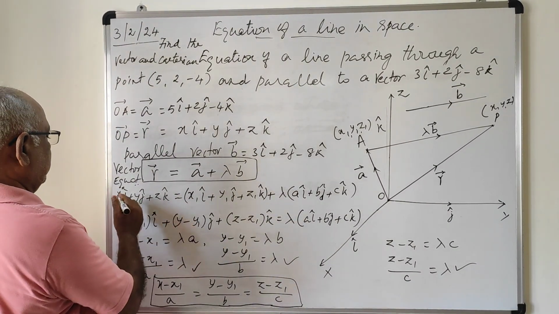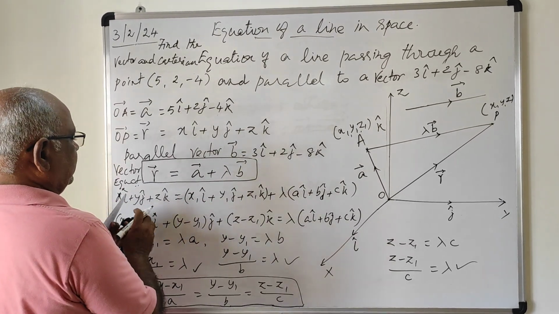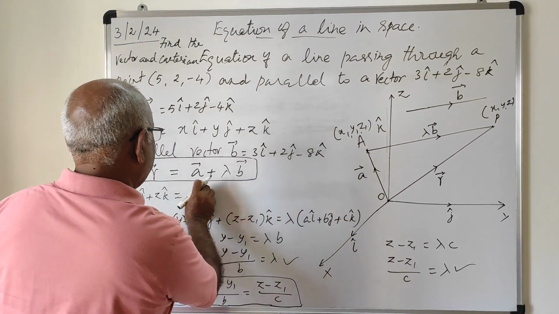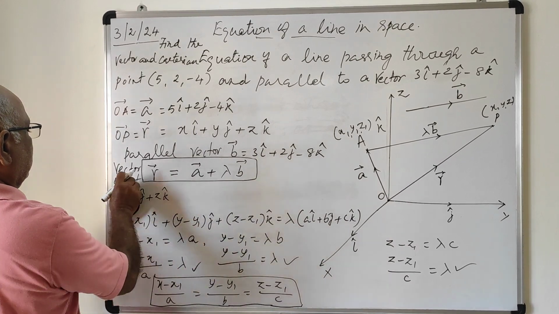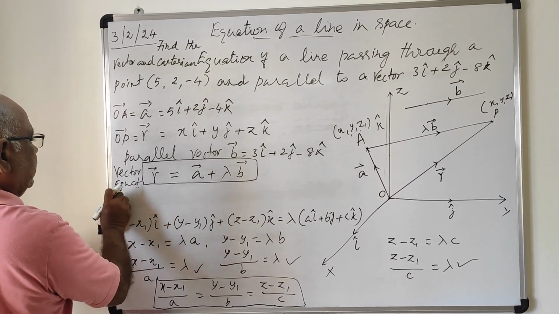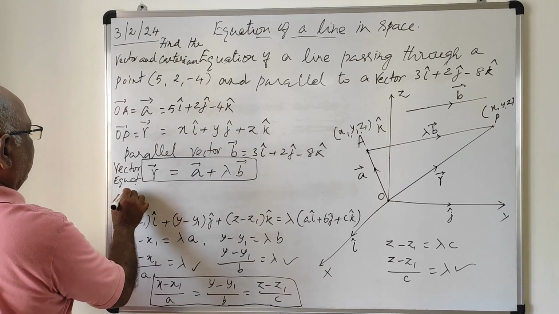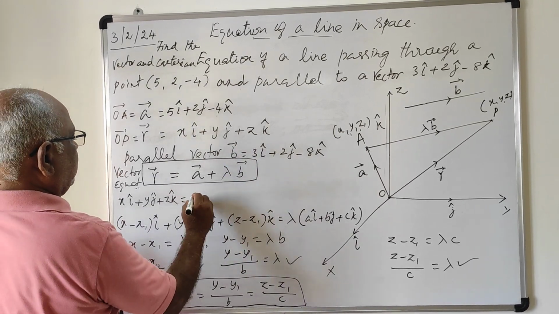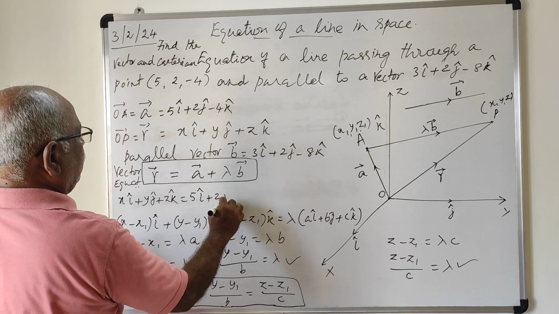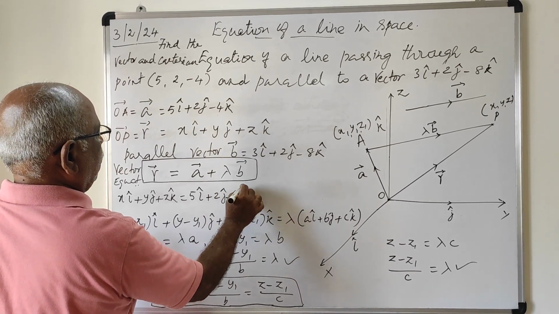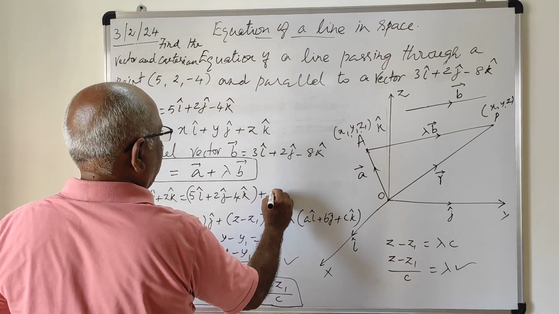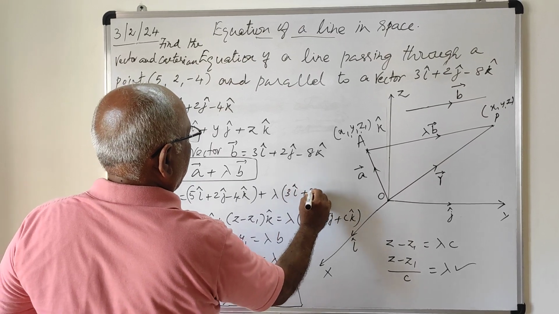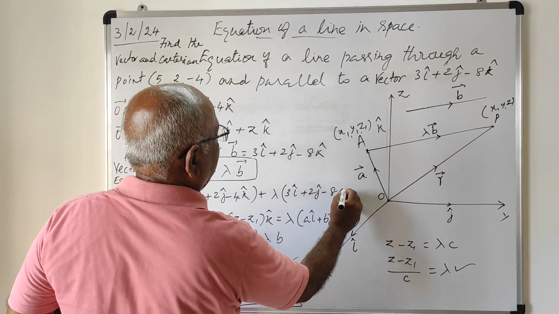Here r is xi plus yj plus zk on the left-hand side. Substituting on the right-hand side, r vector xi plus yj plus zk equal to the a vector, 5i plus 2j minus 4k, plus lambda times the b vector, 3i plus 2j minus 8k.